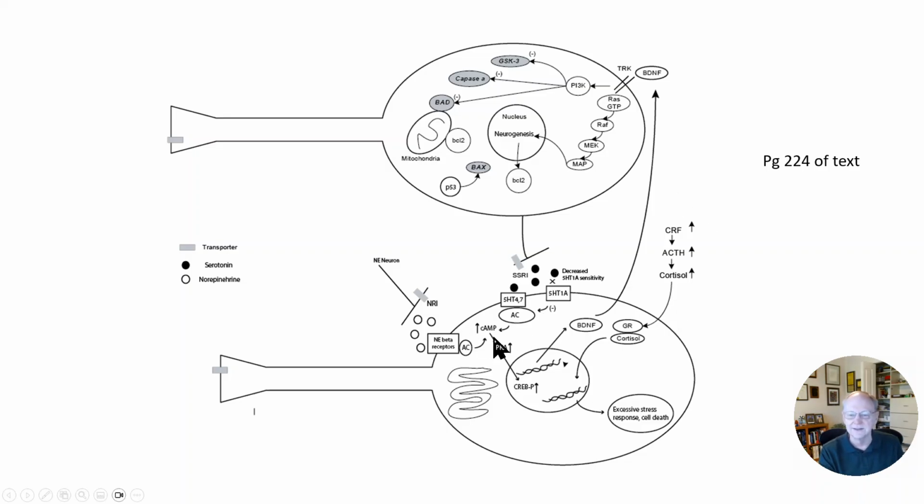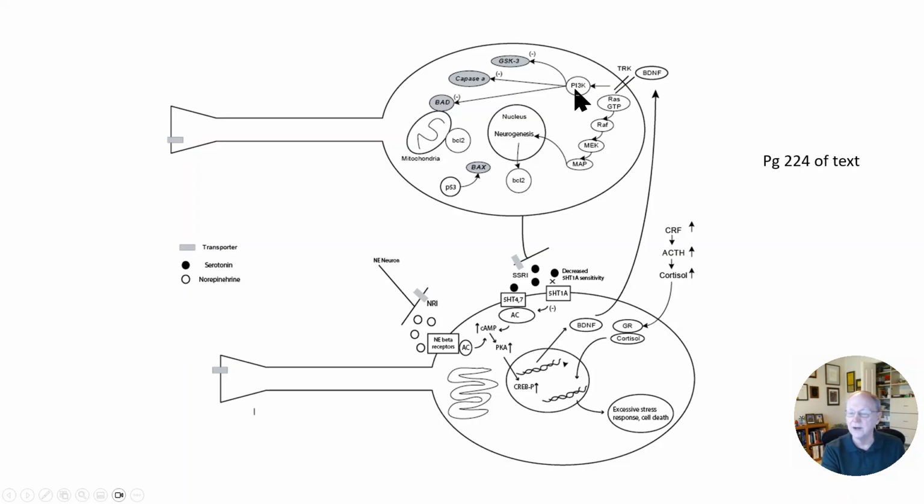But we'll have these immediate effects on cyclic AMP and protein kinase A, but ultimately we get activation of transcription, production of BDNF in particular, that will stimulate our TRK receptors that we talked about in the earlier lectures and will activate a whole series of internal enzymes.